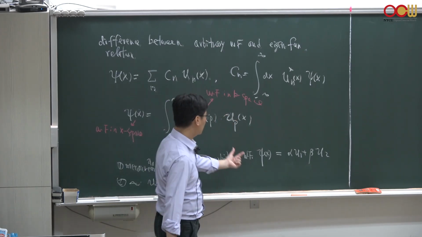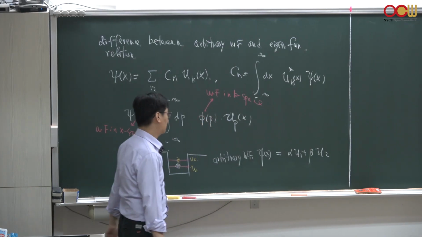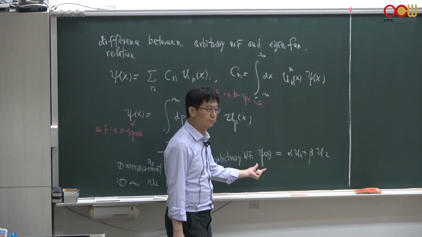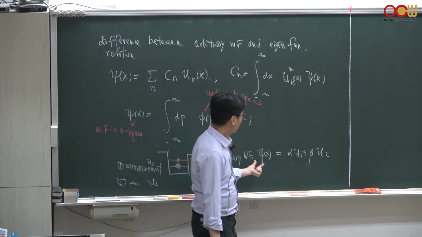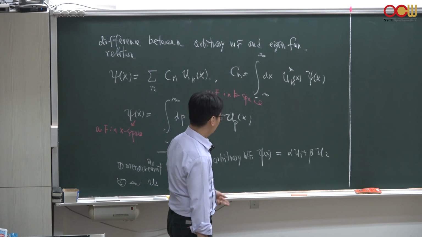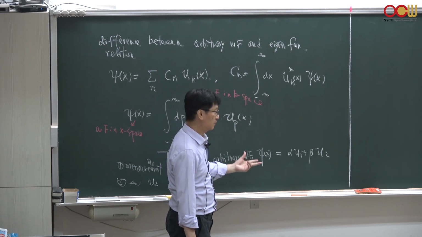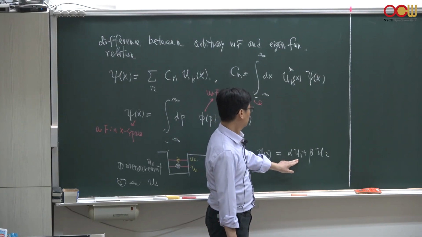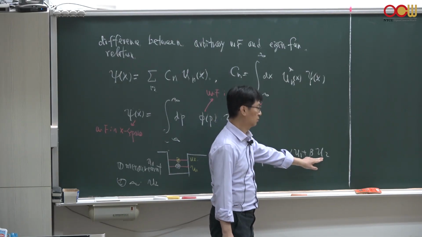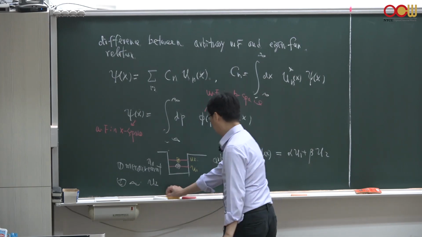But for this arbitrary wave function, it doesn't mean that the particle described by psi could live in both states. No. This particle described by psi could be found in the state U1 or state U2 with the associated probability alpha squared and beta squared.